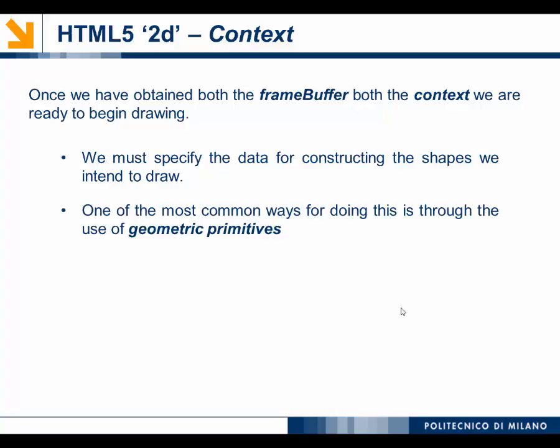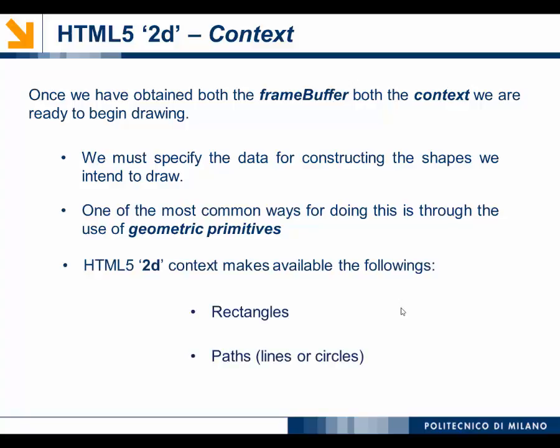The most common way of doing this in a scripting way is by the use of geometric primitives. In the basic 2D context, we basically have just two: rectangles and paths. Paths can be lines or circles. With rectangles, you draw a rectangle. With a path, you move the cursor around the screen and you decide if, while moving, it also has to draw or not.